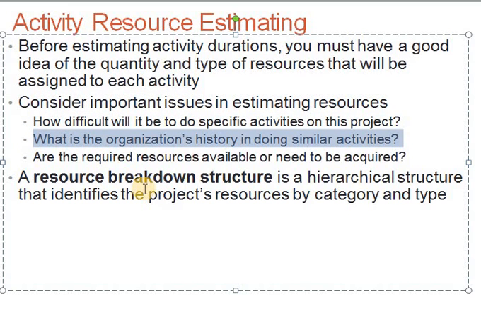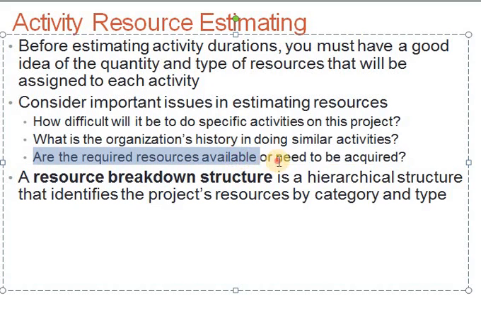The next point is, what is the organization's history in doing similar activities? So for determining the difficulty level of such activity, you have to review the organization's history in order to identify the actions performed with similar activities by the organization.